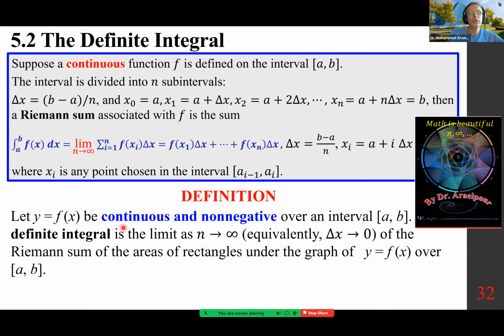So let y equals f of x be a continuous and non-negative function over an interval from a to b.